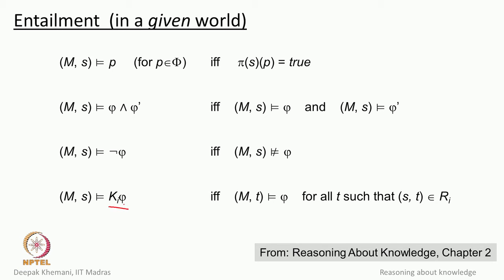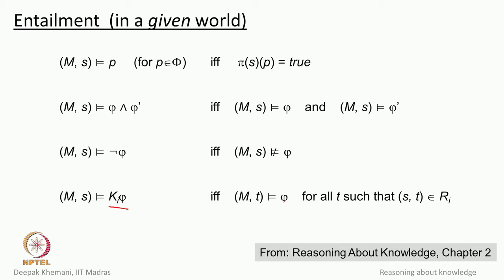So, when can you say that an agent knows a formula phi essentially? We say that it is true if that formula is true in all the worlds which are connected to S as far as the agent is concerned.